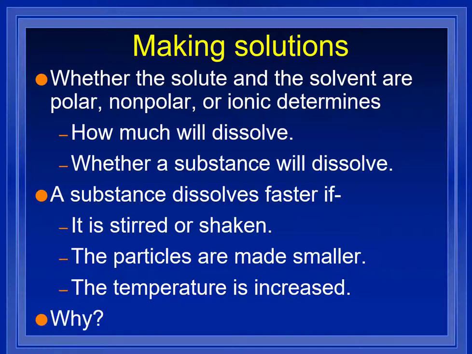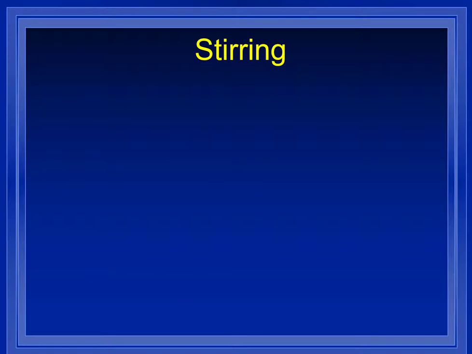Why? Why does stirring increase the speed it dissolves at? Why do smaller particles dissolve faster? Why does increasing the temperature make them dissolve faster? And why questions are always about what the little particles are doing. So one at a time. Stirring.